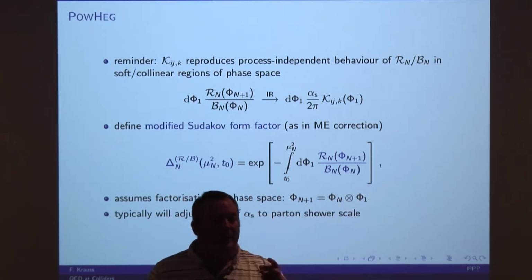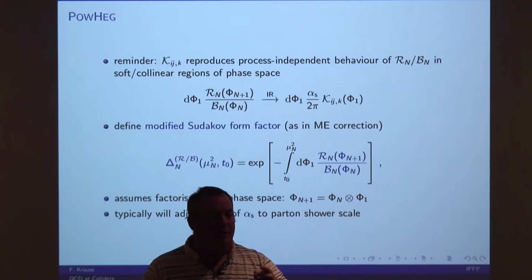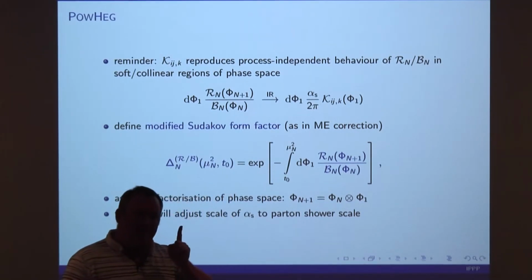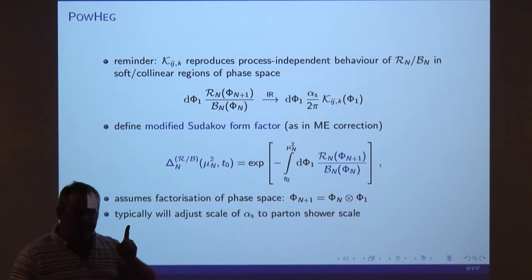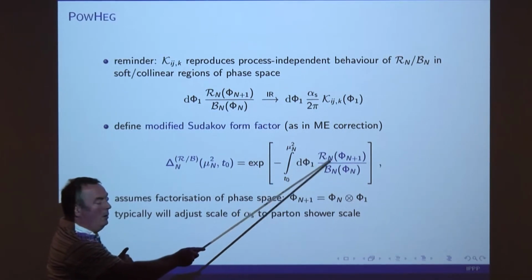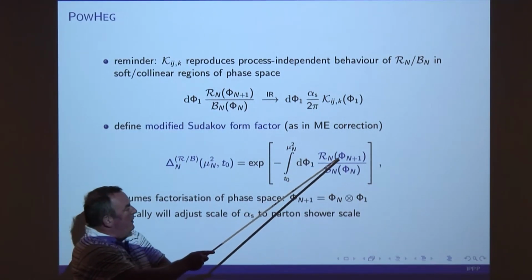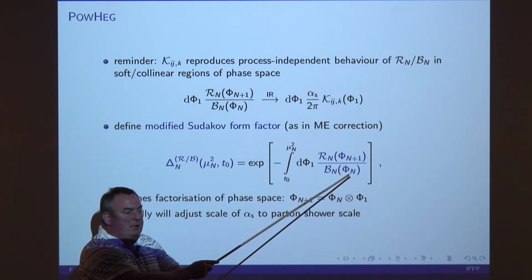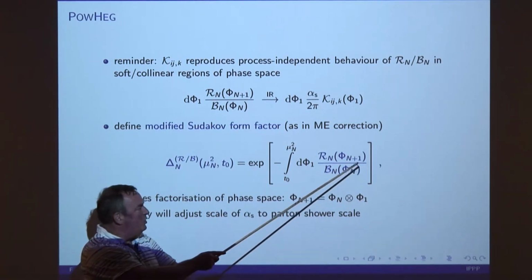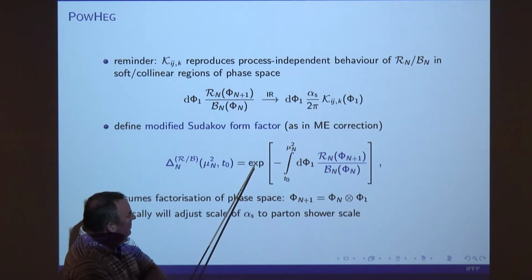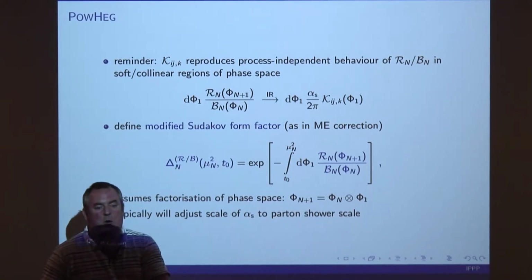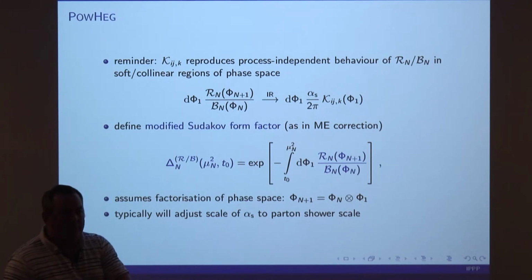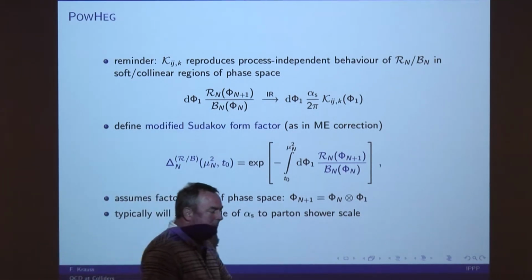Irrespective of whether the interference is positive or negative, you can always do that. That is the first trick you have to keep in mind. R over B will always be a positive number, because R is the leading order matrix element squared, which is positive, and B is the leading order matrix element squared, which is positive. So this is always a positive number, and that means this exponential is always smaller than 1. And this has nothing to do with the sign of the interference. So that was kind of neat.